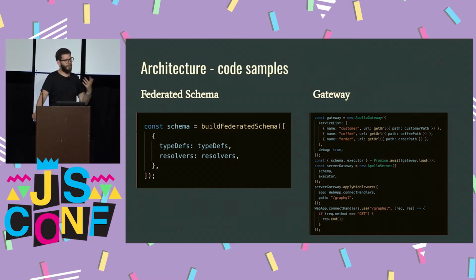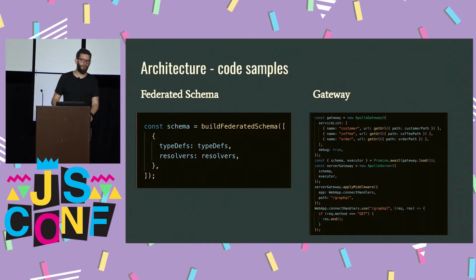That way you create a federated schema which can work on its own, which is standalone. So it's its own schema. And then on the right-hand side, you see the Apollo gateway, which just brings everything together.